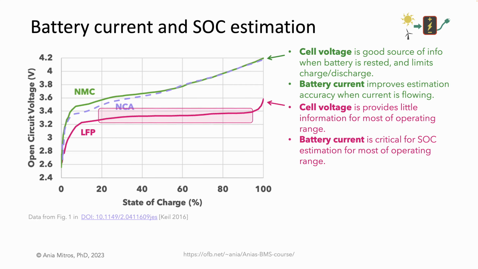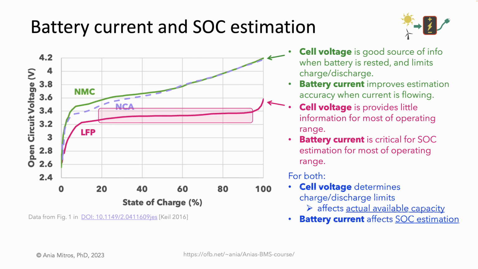For LFP cells, the curve is very flat through most of the operating range. State of charge estimation relies heavily on the battery current measurement, much more so than for cells with a steeper OCV-SOC slope. In both cases, the cell voltage determines when we stop charging and stop discharging, and thus affects actual available capacity.